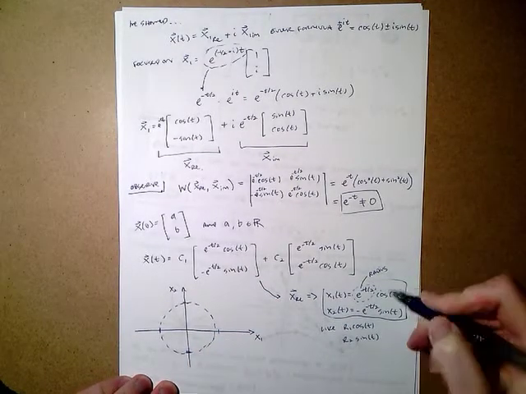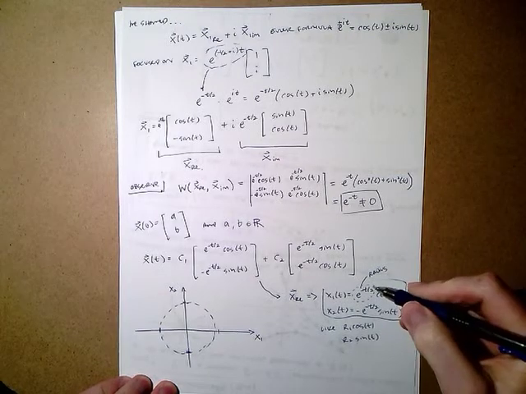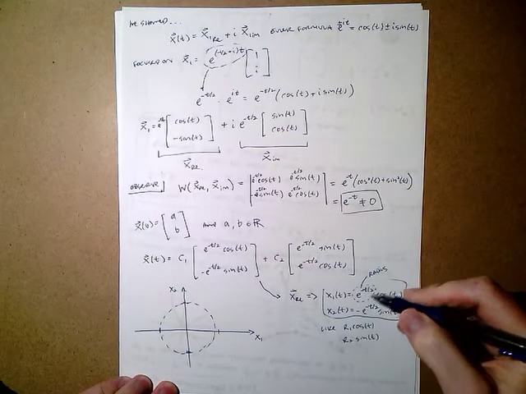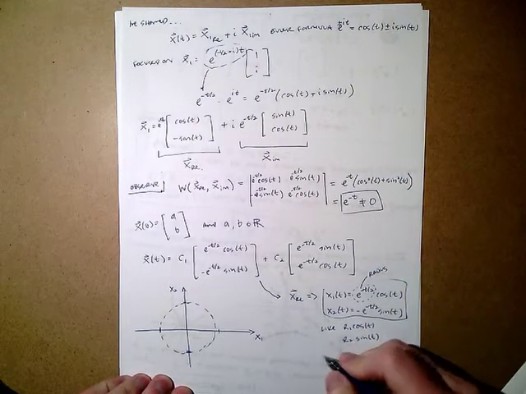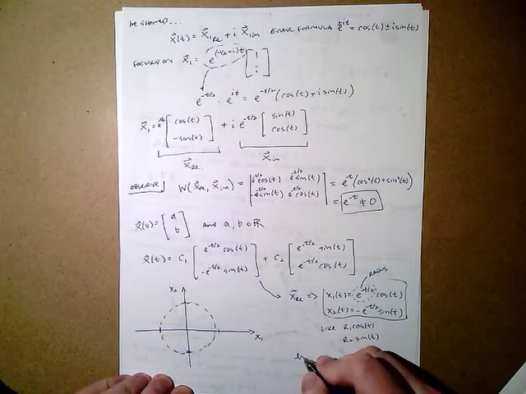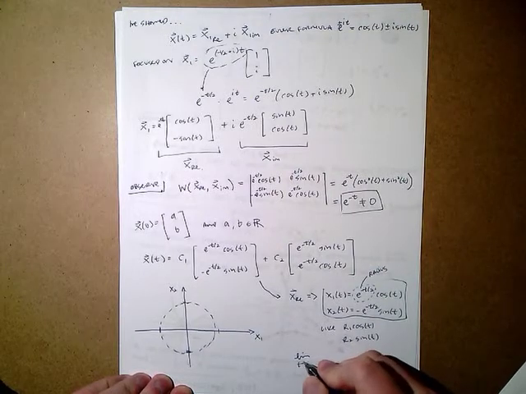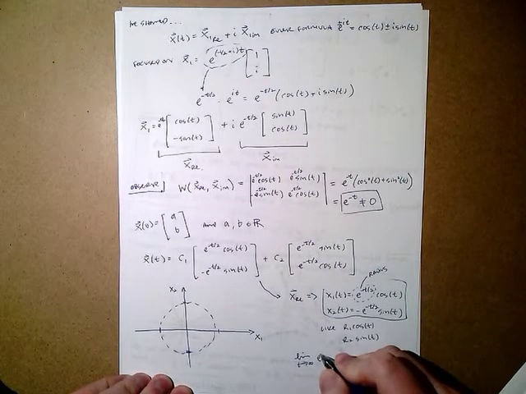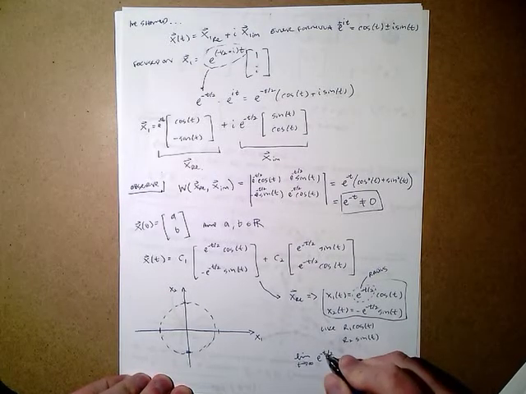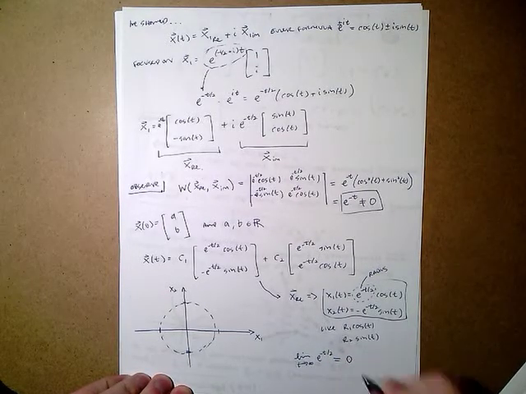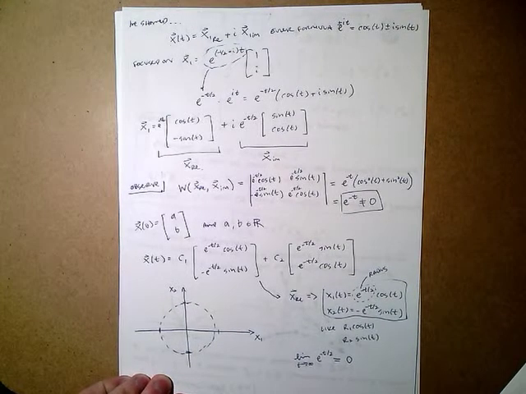Okay, and what these two components are telling me is I've got a trajectory that's circular, but the radius is decreasing with time, right? So if I take the limit as t goes to infinity of either radius, as t gets very large, the radius is approaching 0.